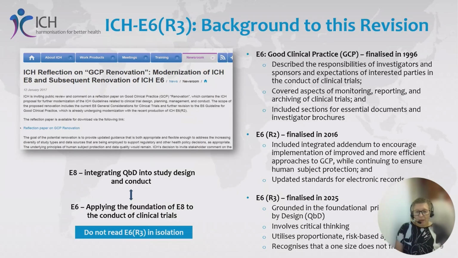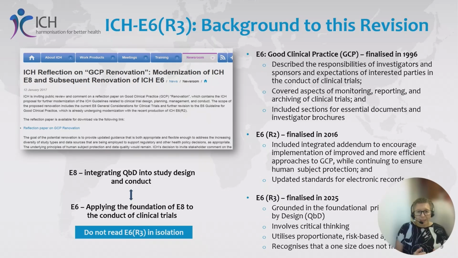And you'll see there in E8 that basis of quality by design. So really thinking about what is the research question and what is the data that's needed to answer the research question, and then building quality in. It also brought in critical to quality factors, which you'll see as a theme that's moved also into R3.